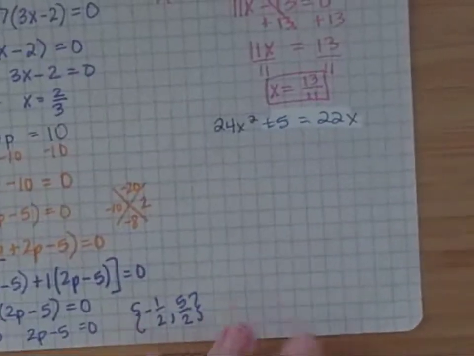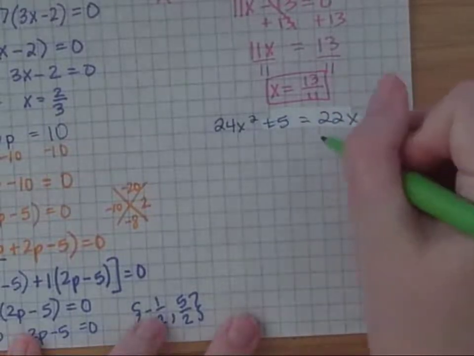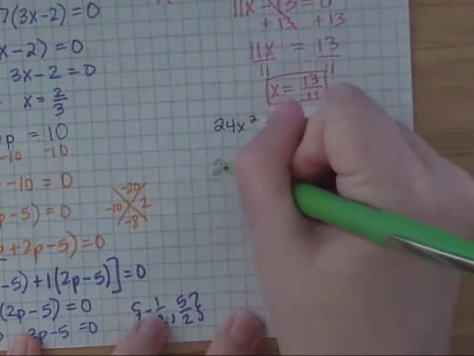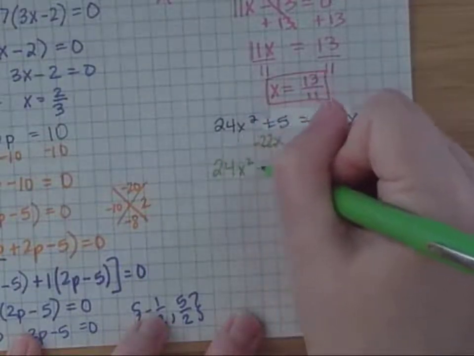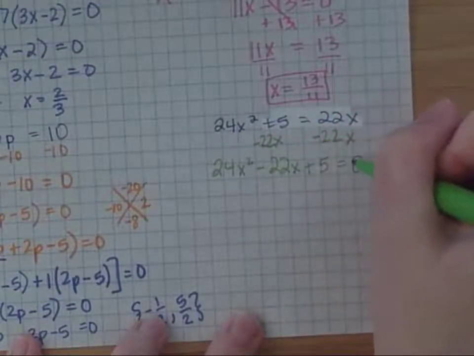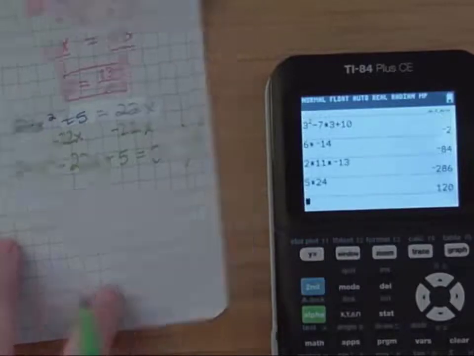Last example to remind you about how to solve by factoring. These numbers are a little bit bigger, so keep in mind you might need to use your calculator. So remember, first step, got to get it set equal to 0. So 24x squared minus 22x plus 5 equals 0. 5 times 24, 120.